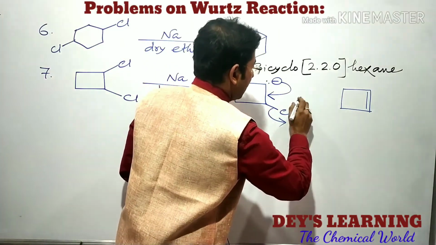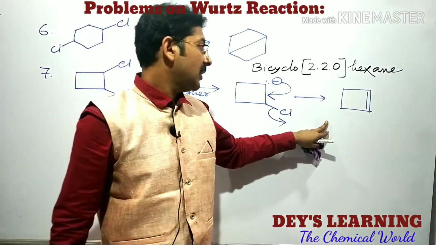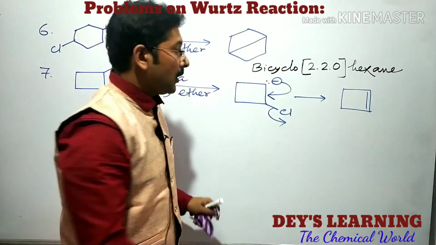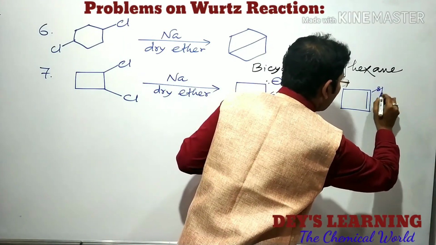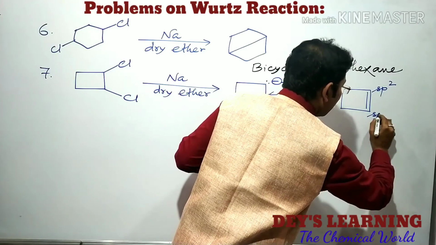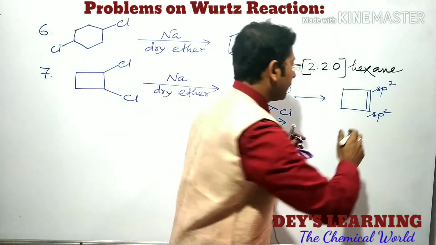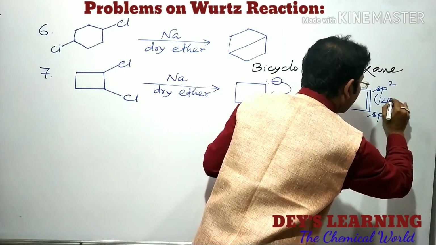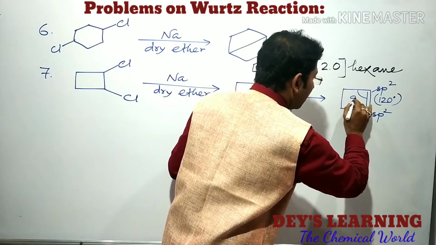What are you thinking? This is the final product. Is it? It is not, because this is cyclobutene. Look at here, this carbon is sp2 hybridized, this one is sp2 hybridized. We know that being sp2 hybridized, it should have an angle of 120 degrees, but the internal angle here is only 90 degrees.